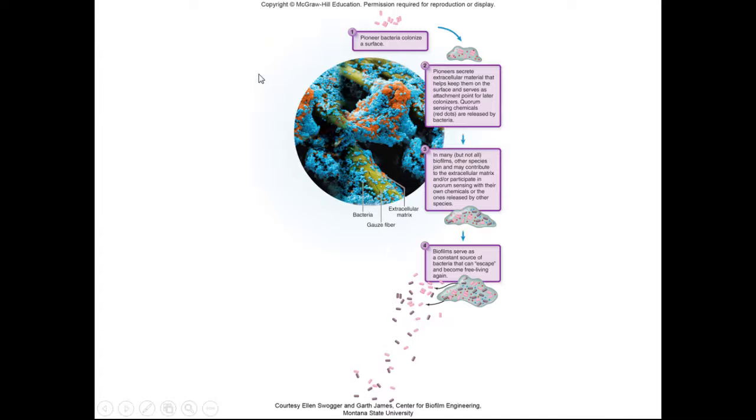So here we can see a four-step plan of biofilm formation. We have first a pioneer bacterium colonizing the surface, and then they secrete a glycocalyx that recruits additional bacteria, and then tertiary and quaternary bacteria are recruited to the biofilm. We reach quorum, and now quorum sensing has taken place. So now specific genes are activated in the bacteria, and they start to behave differently.